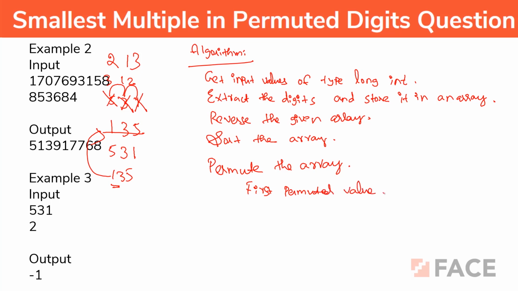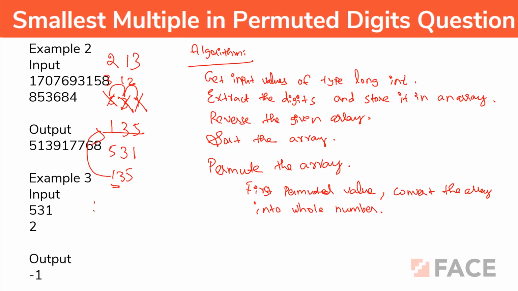After getting the first permuted value, convert the array into a whole number, because here the array will be stored as 135. If it is an array, it will be easy for me to permute. If I have given 135 as an integer value, I cannot permute the digits. So I have stored it in an array and the array has to be permuted.